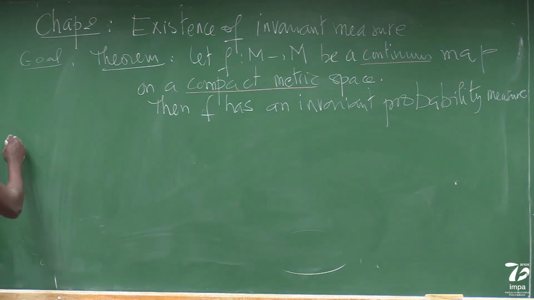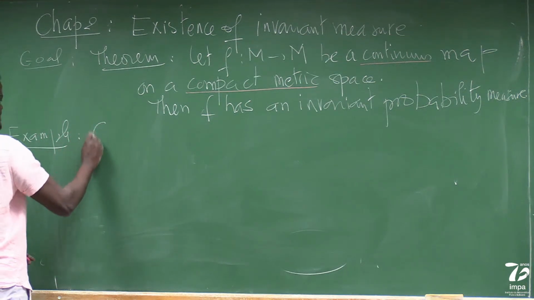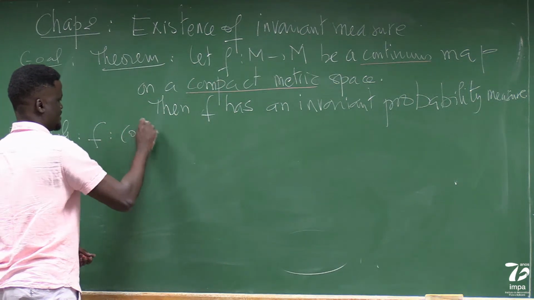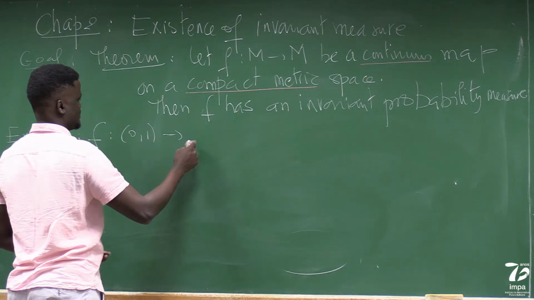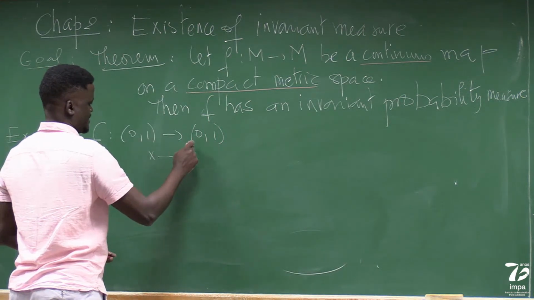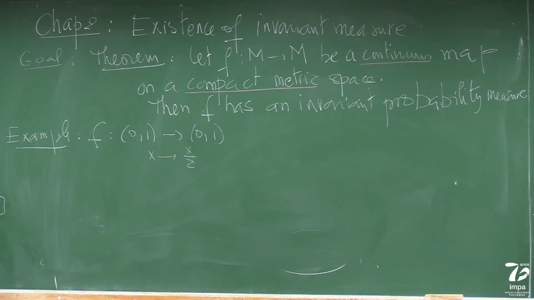So let's see some non-example or counterexample of this. If I take f from [0,1] to [0,1], x goes to x over 2, do we have an invariant measure here for this? No. Why?